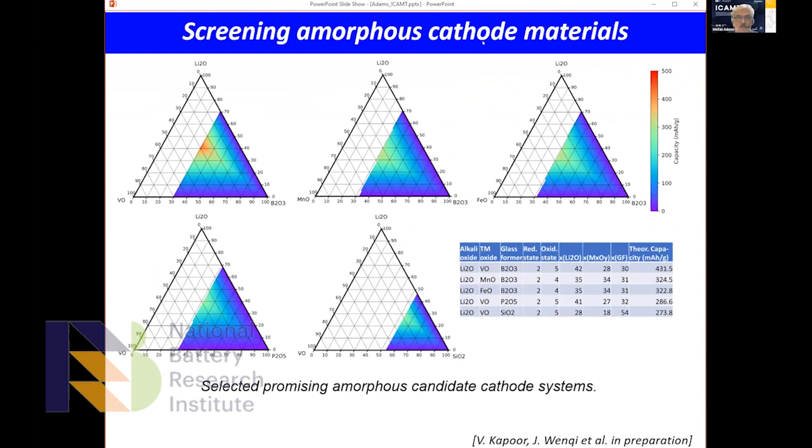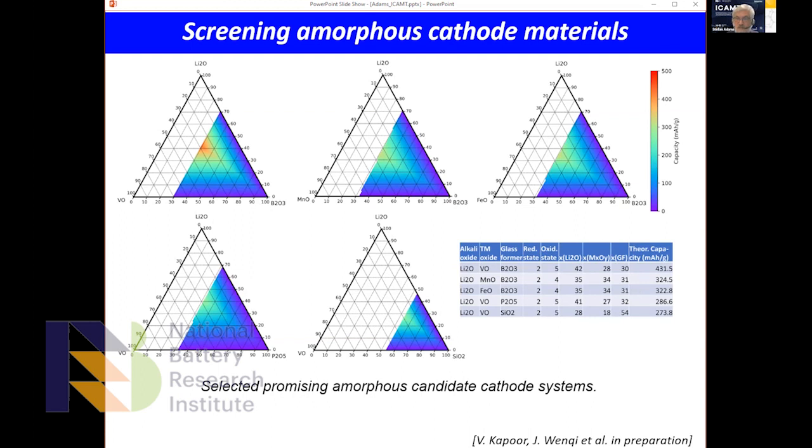So we can also use our methods to screen what kind of amorphous materials can be used for cathode materials. In order to reach this 500 watt-hour per kg, you practically need a cathode material that can reach 1000 watt-hour per kg if you just count the cathode material.